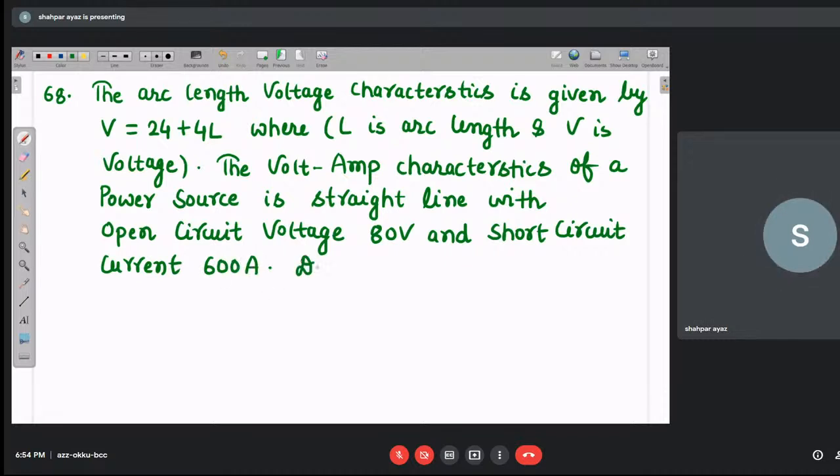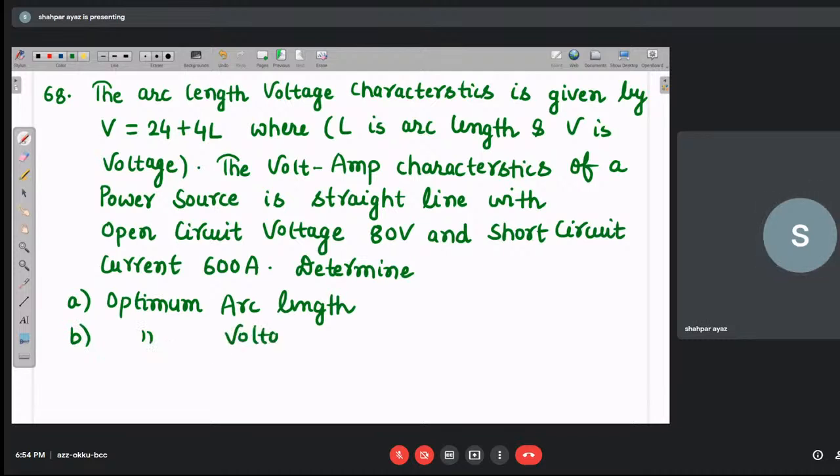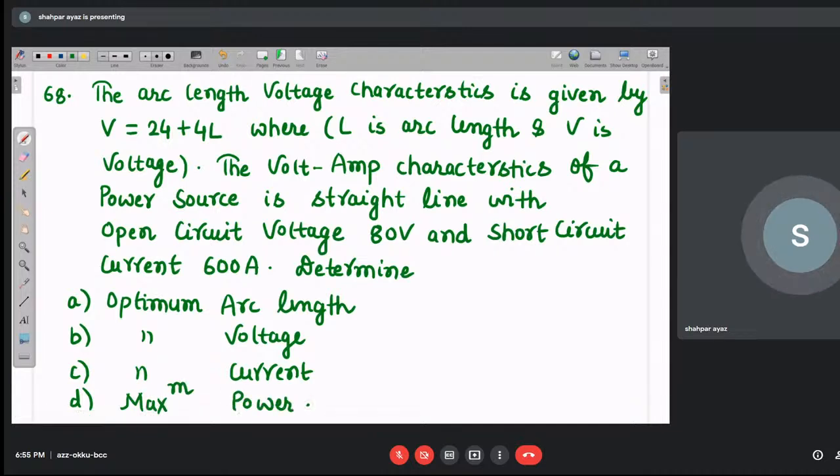Determine option A, optimum arc length. Option B, optimum voltage. Option C, optimum current. And option D, maximum power. Very easy, everyone. Try this.